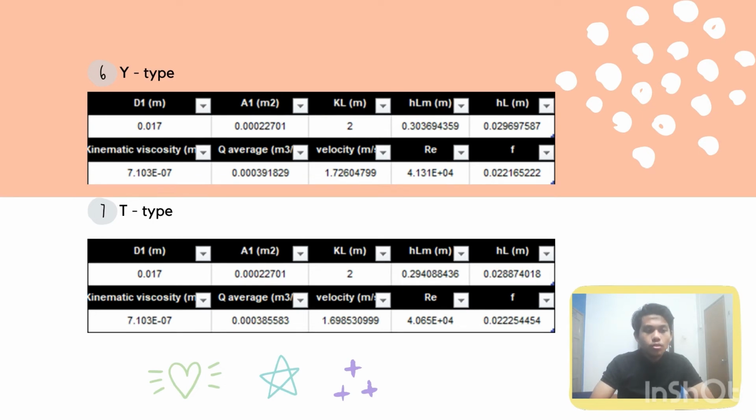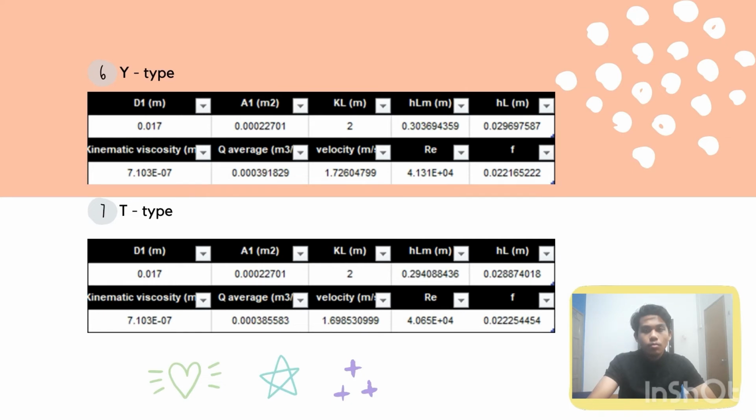Okay, so for table 3, the calculation and the steps are the same as the previous one, except the KL is different. For the first component in table 3, which is the Y type, the loss coefficient is 2.